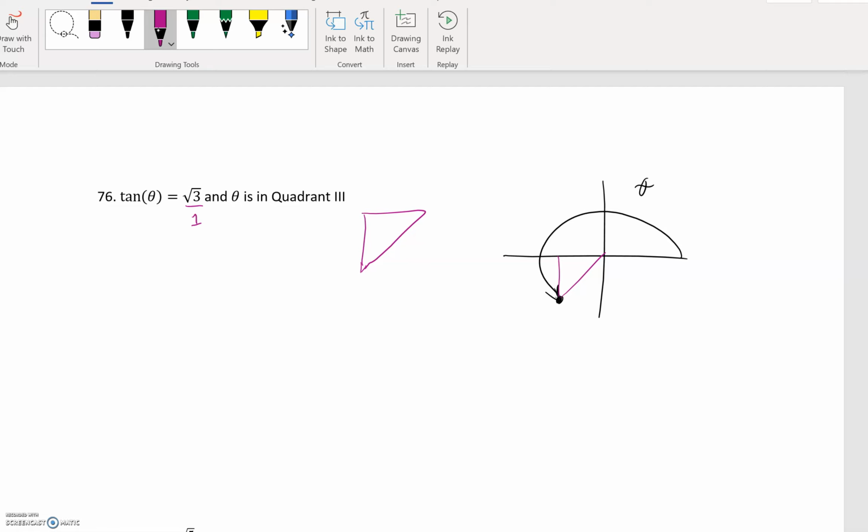Now remember, since theta is in quadrant 3, both the y and the x have to be negative. So this side is negative root 3, this side is negative 1. As you can see, their ratio, negative root 3 over negative 1, is going to give you positive square root of 3. We will find this r here using the Pythagorean theorem.